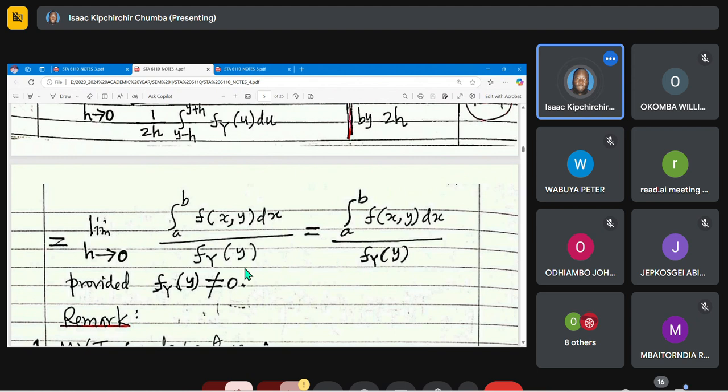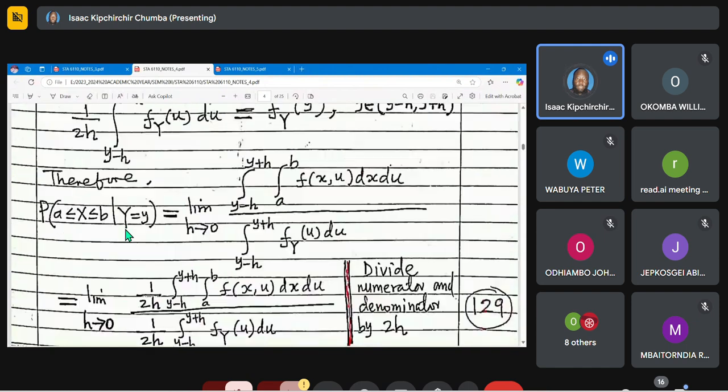So provided f of y is not 0, that is actually when this is outside the support. So we are saying this is defined when f of y is positive, meaning in the support of the marginal. Outside the support, this probability will be taken to be 0. So the question of being undefined will not arise when we apply the mean value theorem for integrals.